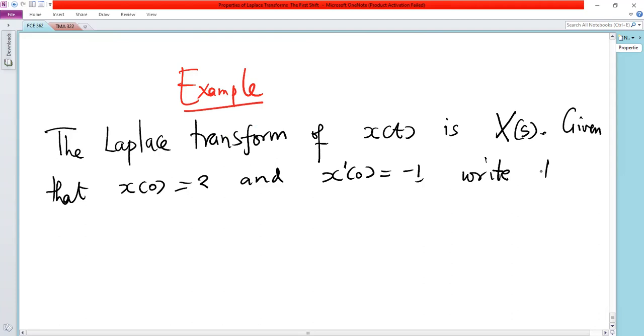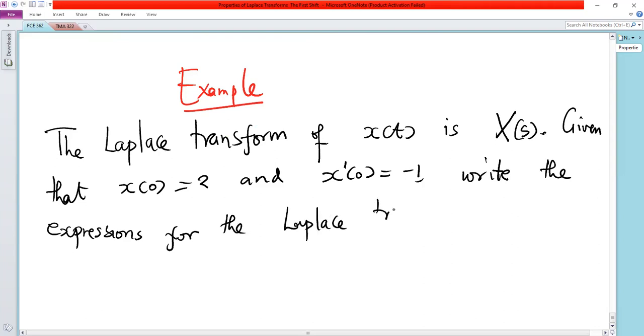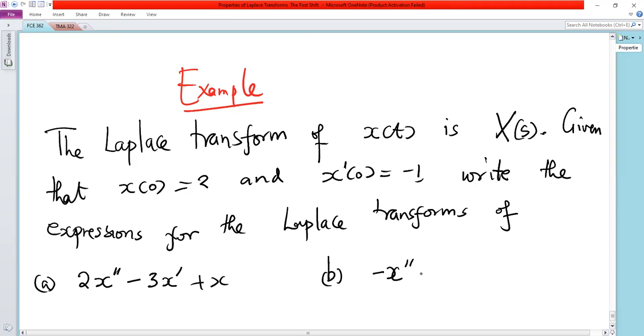Write the expressions for the Laplace transform of (a) 2 times the second derivative minus 3 times the first derivative plus x, and (b) minus the second derivative of x plus 2 times the first derivative of x plus x itself.